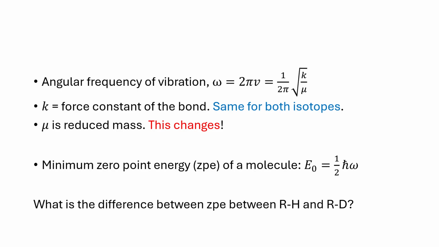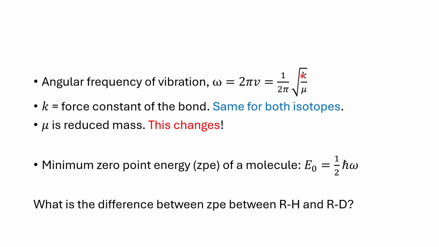We know the zero-point energy is related to the angular frequency of vibrations, and this angular frequency can be related to the reduced mass and also the force constant of the molecule.